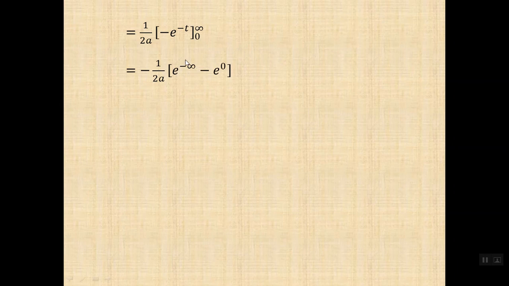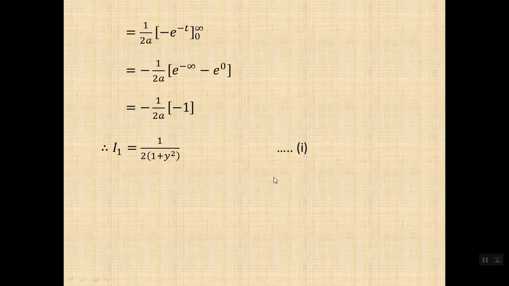As we know, e raised to minus infinity is always equal to 0 and e raised to 0 equals 1. So the next step becomes minus 1 by 2a into minus 1. Minus minus becomes plus. The answer will be I1 equal to 1 by 2 into 1 plus y square. In place of a, I have substituted 1 plus y square as we assumed in a previous step. Suppose this is equation 1.